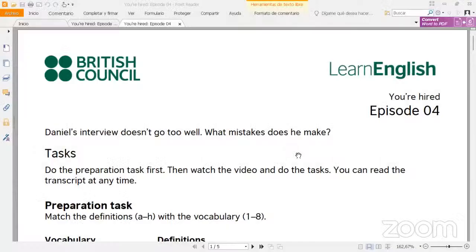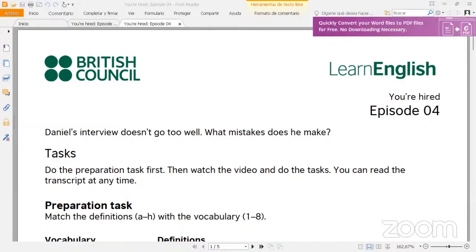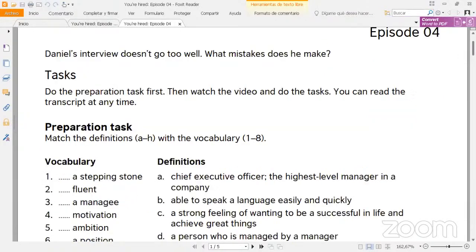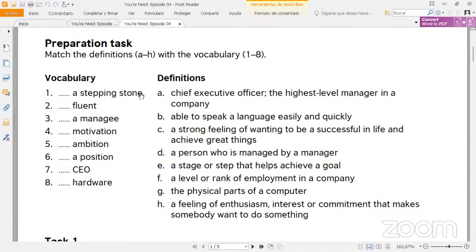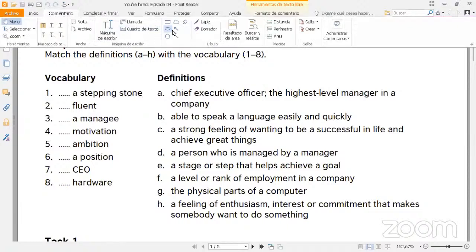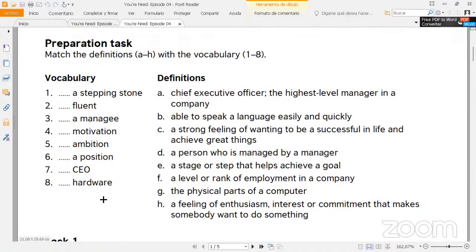Okay, so the first person, Daniel. Daniel's interview doesn't go too well. What mistakes does he make? Okay, so we have first the preparation task. A stepping stone. What's a stepping stone?